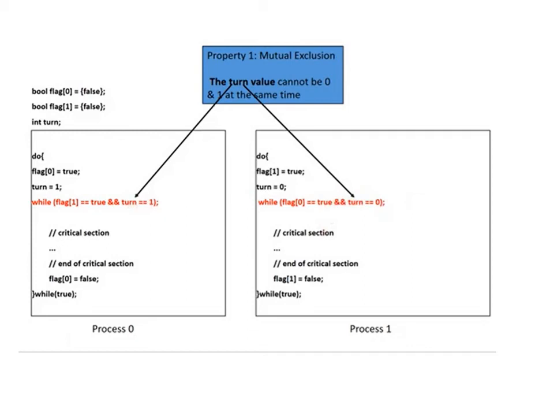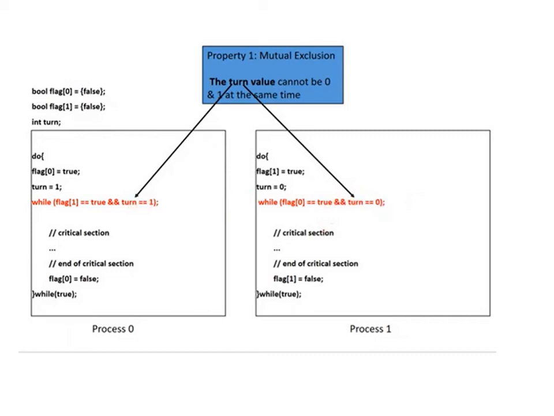Let's check whether it satisfies this or not. At a time either P0 or P1 can enter into the critical section. Only one process can enter the critical section and the other process will wait until the critical section is free. So the Peterson solution satisfies mutual exclusion.